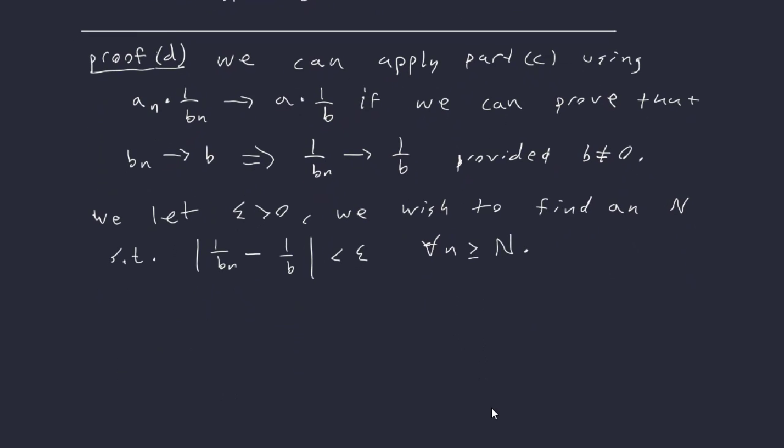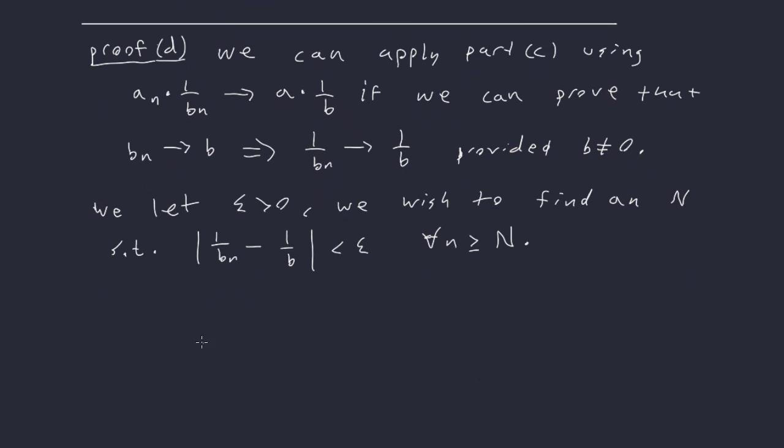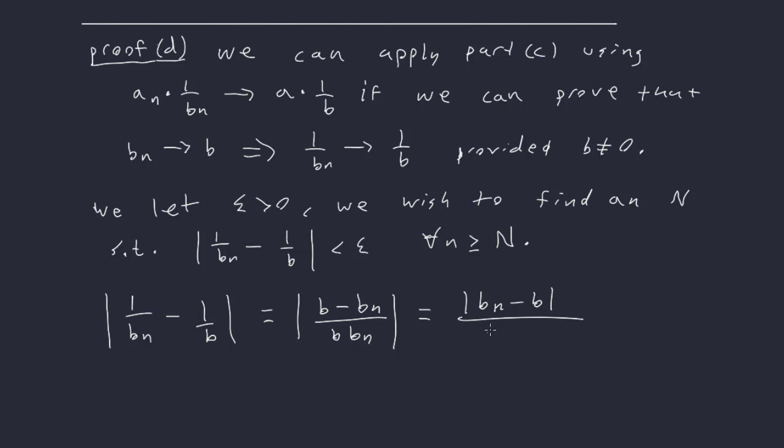Okay, so let's play with this a little bit. We know that 1 over Bn minus 1 over B, we'll do the fraction arithmetic here, will be B minus Bn all over B times Bn. Also known as the absolute value of Bn minus B over the absolute value of B times Bn.